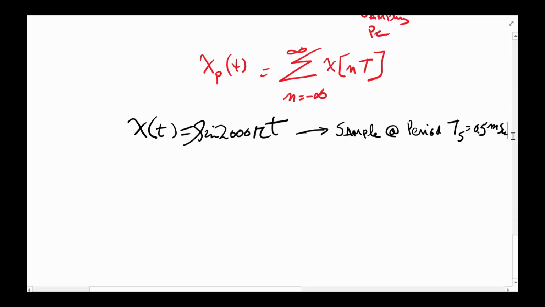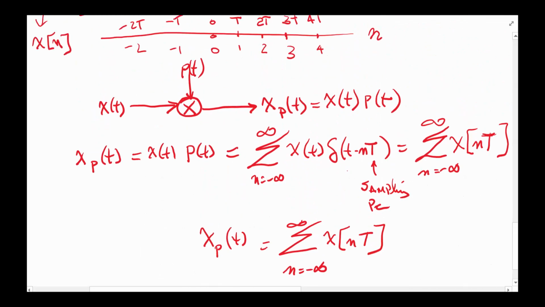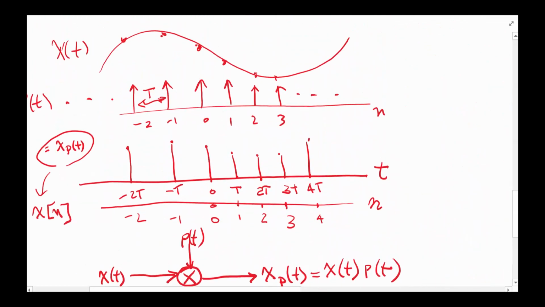So let's see what the equations would look like. If I want to sample it at every 0.5, that means my p of t, remember, p of t was these pulses, right?